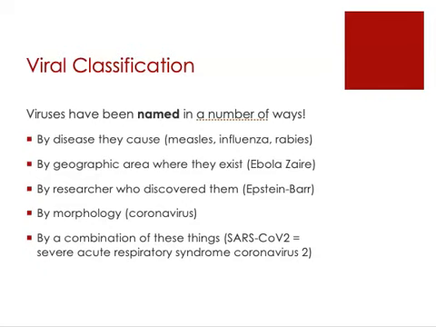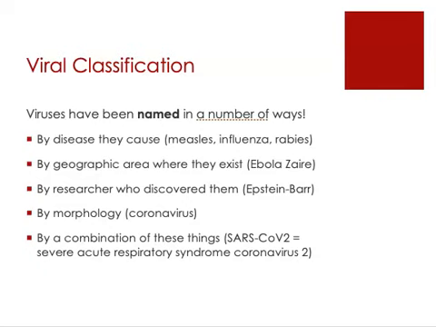For example, some viruses have been named according to the disease that they cause. Think about the measles virus, or the influenza virus, or the rabies virus. Some viruses are named by the geographic region where they come from or where they were first discovered.